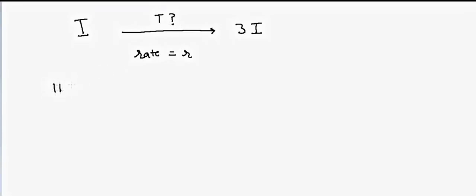Suppose you have an investment of I and you want this investment to grow to 3I after a certain time t, and the rate of interest is r. By using this trick we can calculate how much time it will take, and the trick is simple. You take the number 115 and divide it by r, and that will give you the time for the investment to become 3 times.